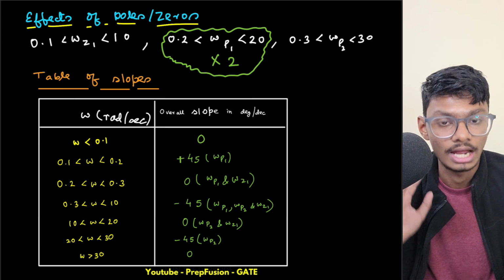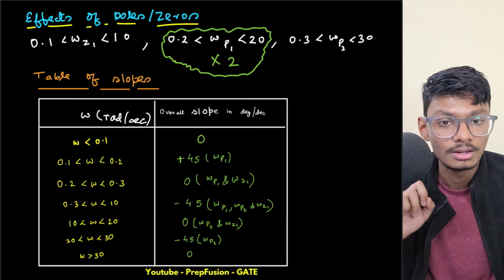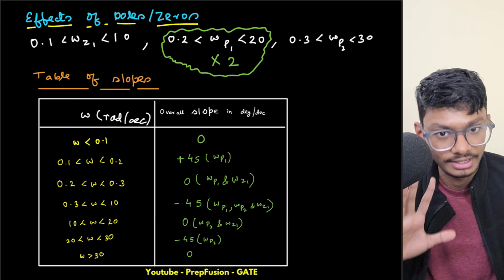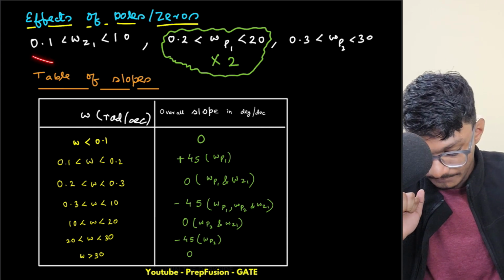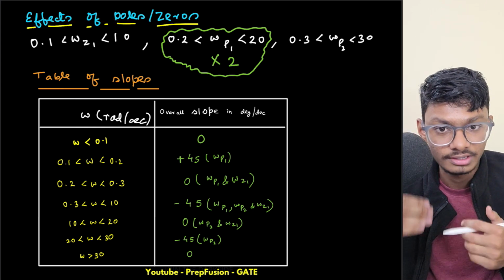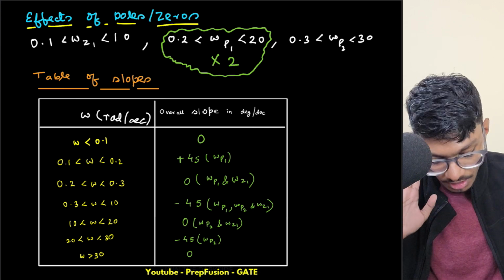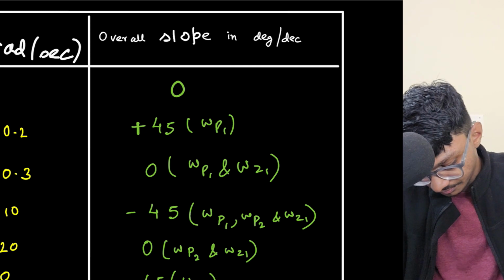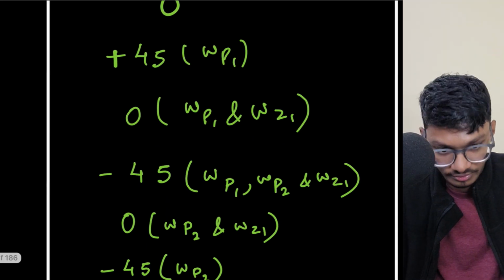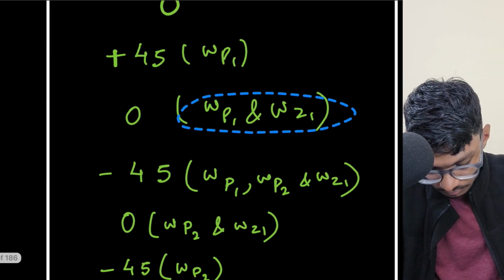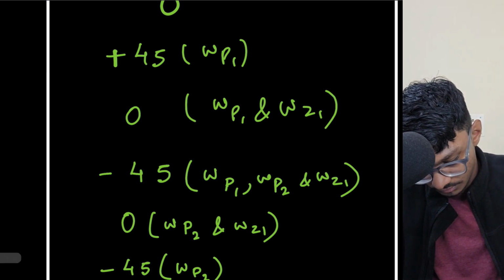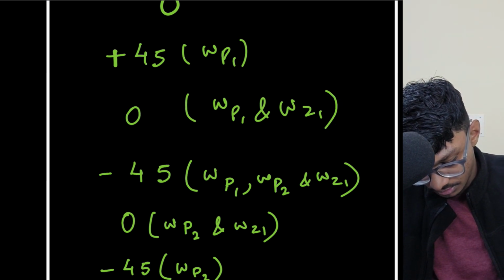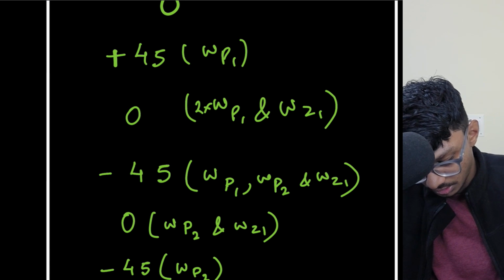And the zero is providing plus 45 degree per decade. So overall I am getting minus 45 degree per decade. So here my slope is minus 45 degree per decade. This is two times pole and one zero.